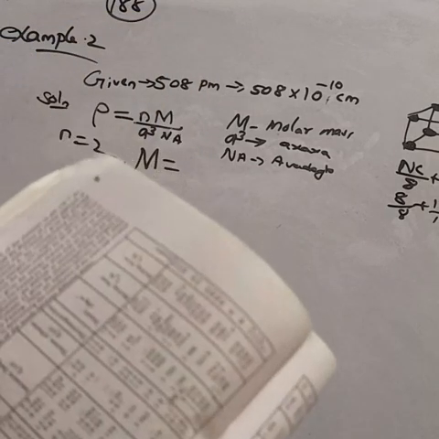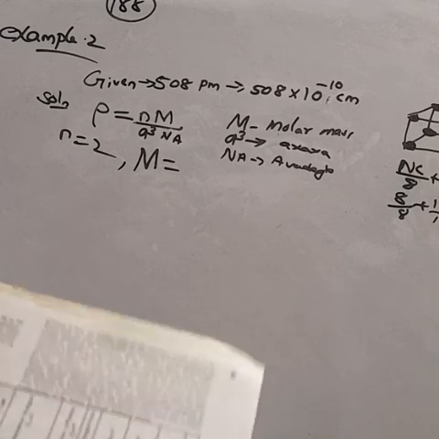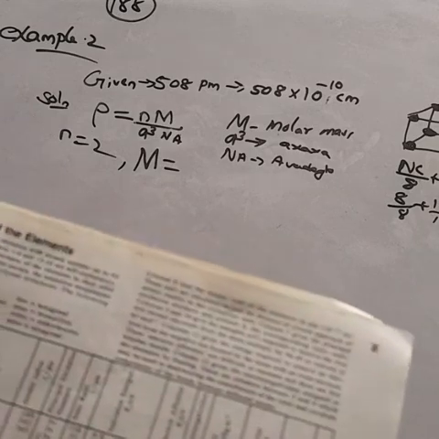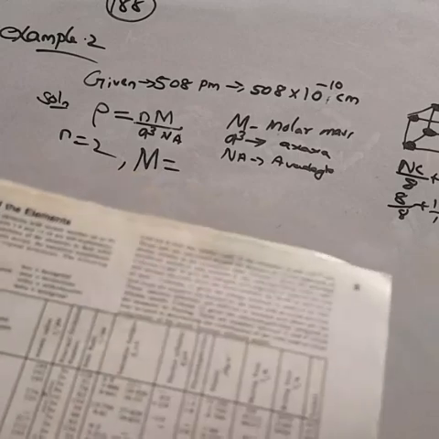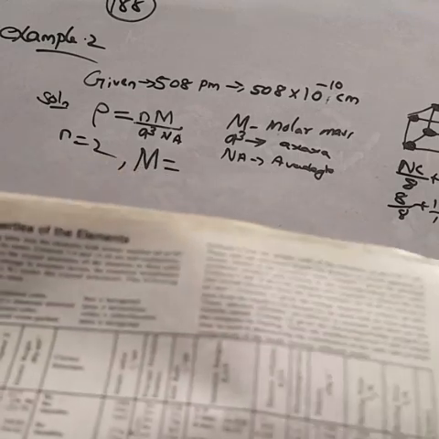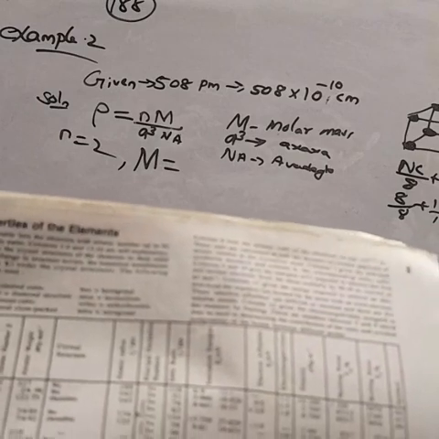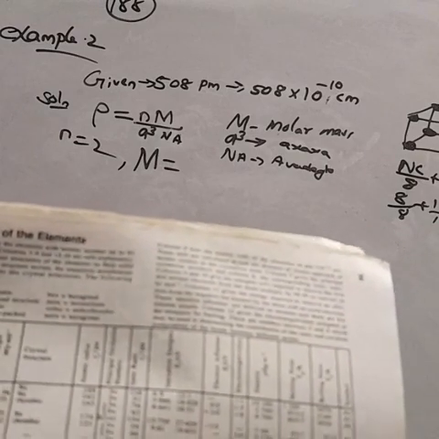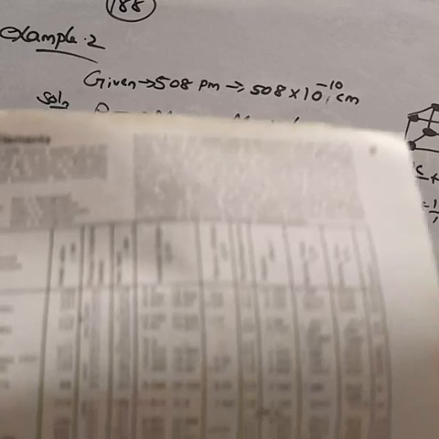Here are the properties of the elements, with many elements listed with the name, atomic number, atomic weight, crystal structure, and atomic radius.